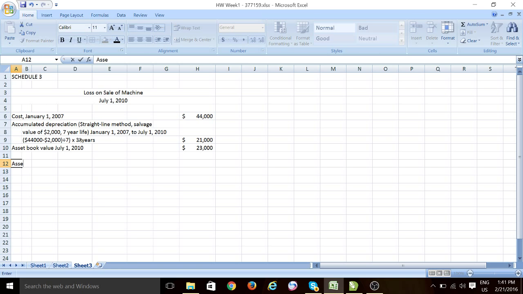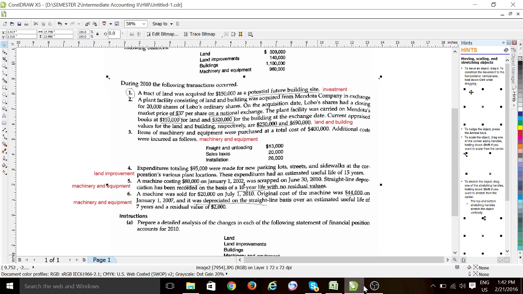So asset book value, the same as the one in the above, and then proceeds from sale, which is how much you sold the machine, which is 20,000.